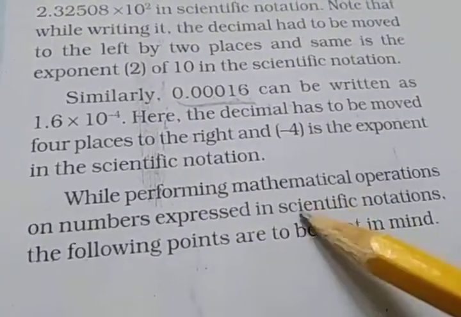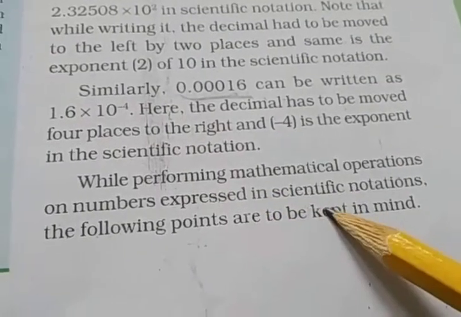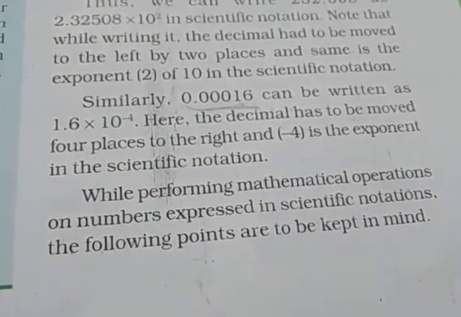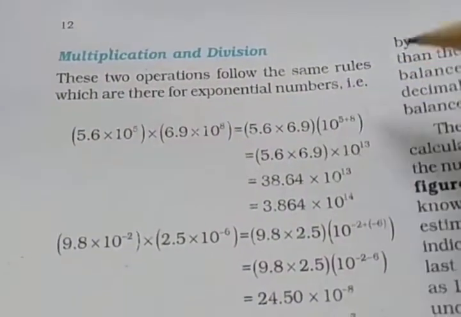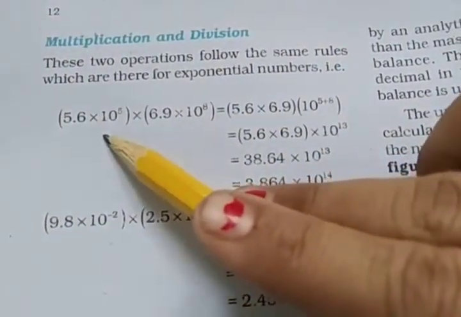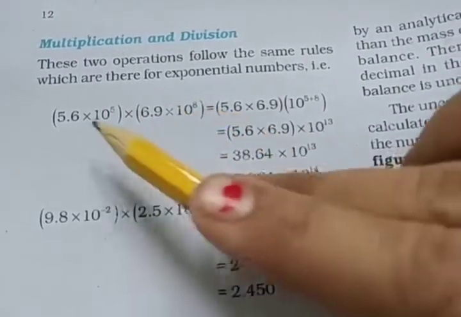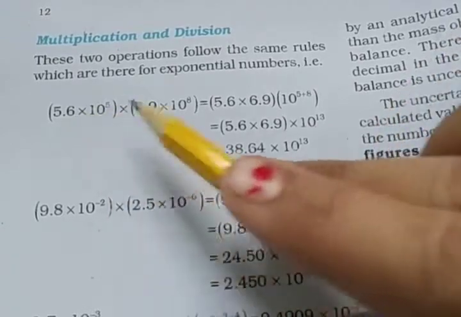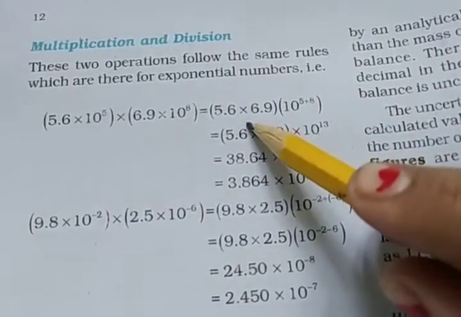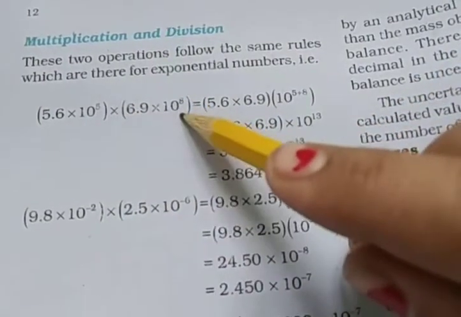While performing mathematical operations on numbers expressed in scientific notation, the following points are to be kept in mind. First, multiplication and division. Given two numbers, 5.6 into 10 raised to power 5 and 6.9 into 10 raised to power 8, first we select the numbers 5.6 and 6.9 in brackets, and then 10 raised to power 5 and 10 raised to power 8.